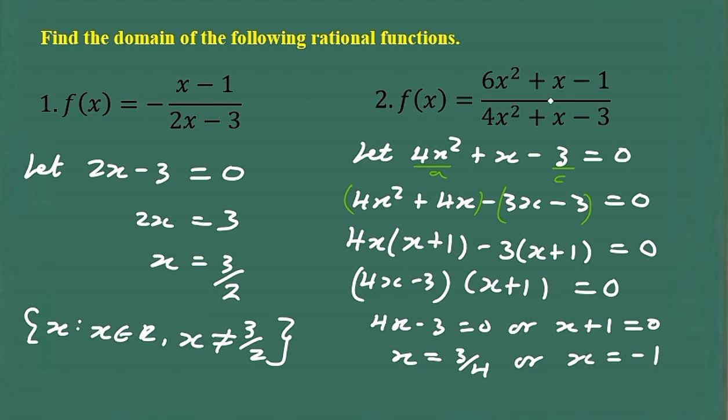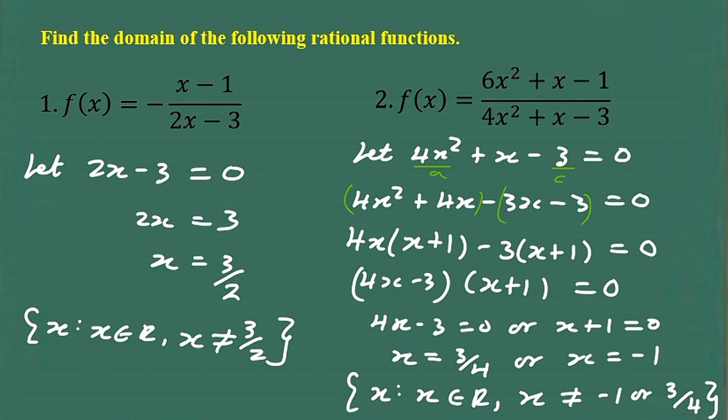So we are looking for the domain of this function, the denominator. So this is going to give us the set of all real numbers. So we call this x such that x belongs to all real numbers except x is not equal to minus 1, or x is not equal to positive 3 over 4.